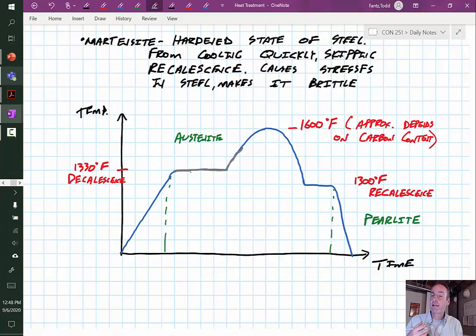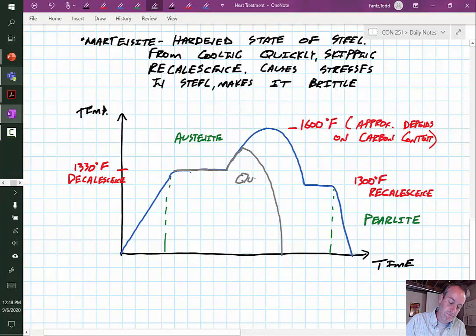Now, if we were to suddenly cool it, quench it, dump it in a bucket of cold water, we have a very quick cooling off period, and it looks like that. I'm going to call this quench. It's the instantaneous cooling. If we quench it, we can get back to that original room temperature, but we missed the recalescence stage, right?